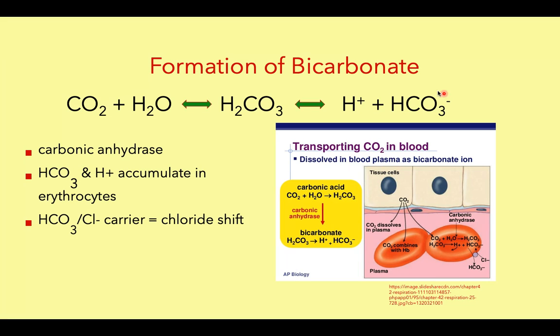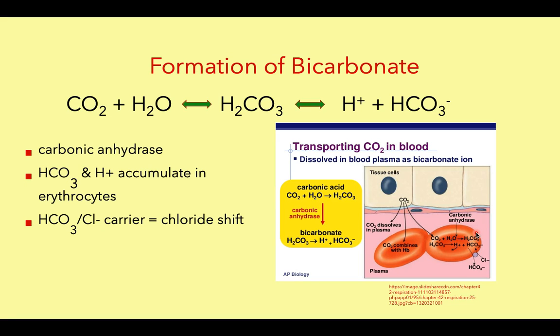And sometimes it goes so quickly that it bypasses the carbonic acid portion and goes directly to forming bicarbonate. And if we look at the diagram here, we can see that this carbon dioxide not only can be dissolved in the plasma, or combine with the hemoglobin, but here forms the bicarbonate. So again, the three ways that CO2 is traveling.